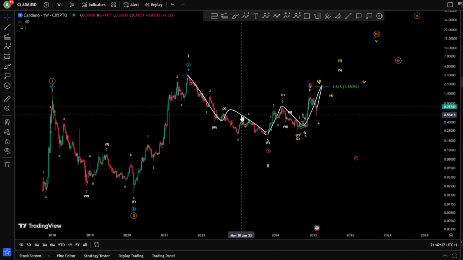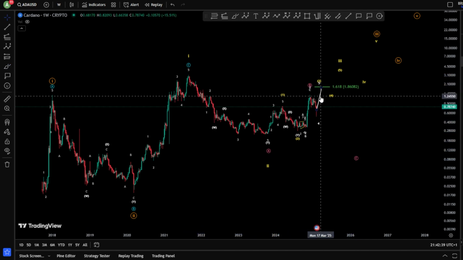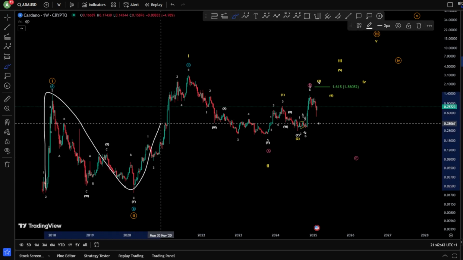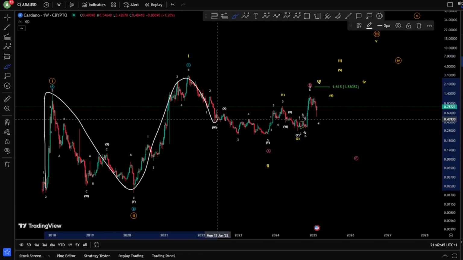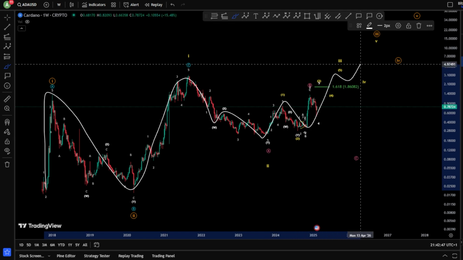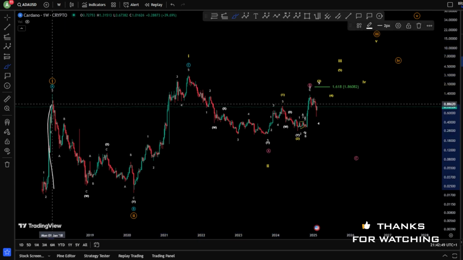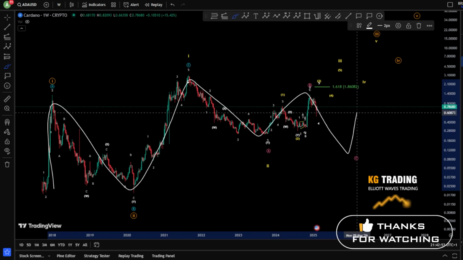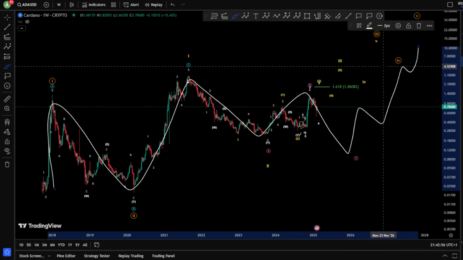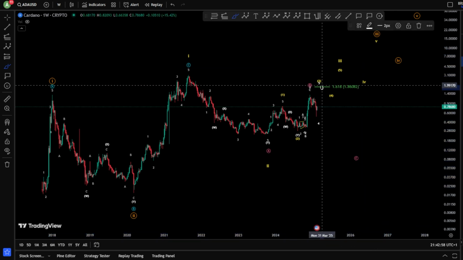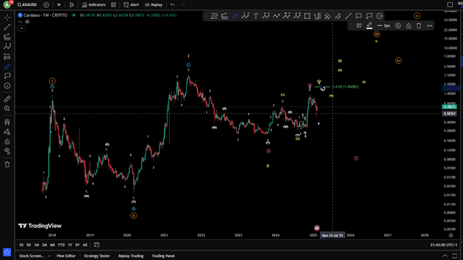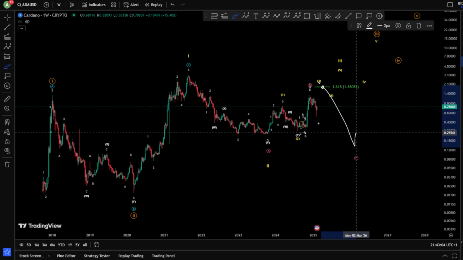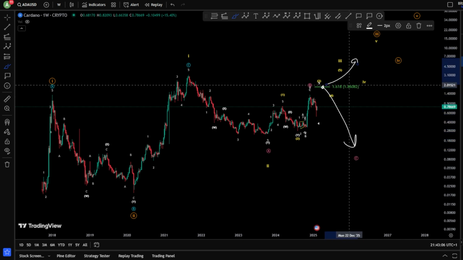And this is a bigger correction before moving for higher for a wave C, meaning your blue count can be an A, a B, and a C here, and then 3 waves down, continuation towards the upside. Or it can be A, B, and a C, 3 waves up, bigger 3 waves down, and then continuation towards the upside. Now, the key difference is exactly at the 1.618. This is your key level. This is our crossroad between bearish and bullish scenarios.